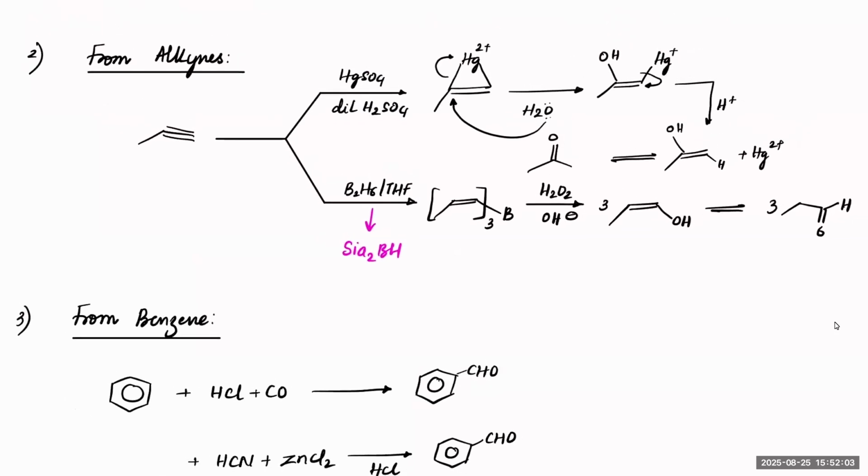Alkynes can be converted into aldehydes and ketones using mainly two reactions. One is HgSO4 and the other one is B2H6 or SiA2BH. This we have discussed recently. During the doubts, we discussed how the alkynes will react. Alkynes with HgSO4 will form a bridge compound, and thereafter water will always attack on the more substituted side, breaking the mercury bond.